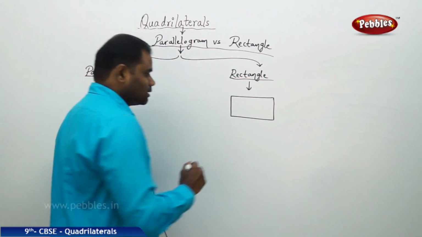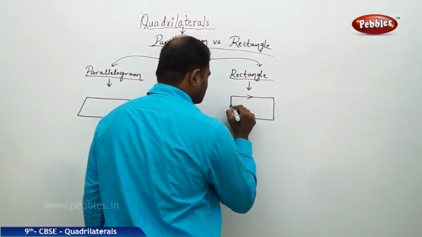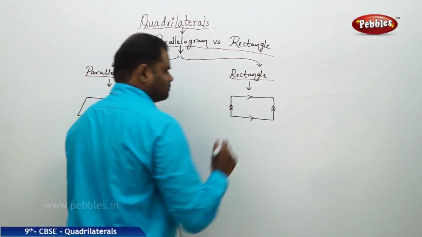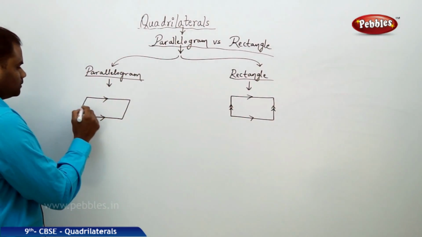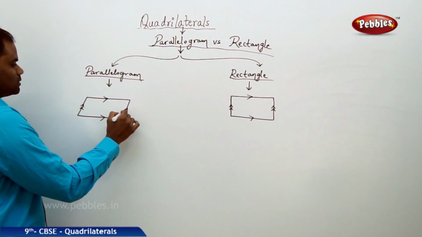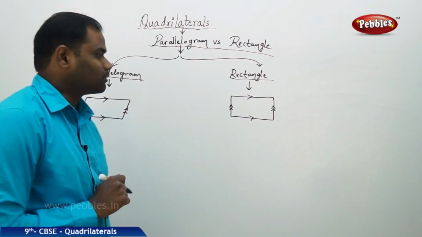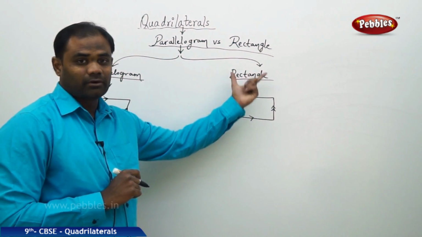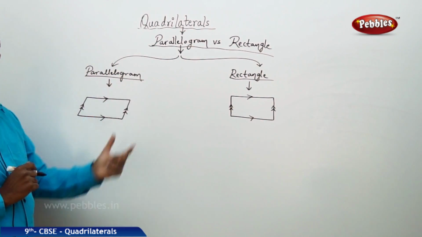In rectangle, we have opposite sides are parallel. In parallelogram also the opposite sides are parallel. So these are the common properties identified between a rectangle and a parallelogram. Opposite sides parallel for a rectangle and opposite sides parallel even for a parallelogram.